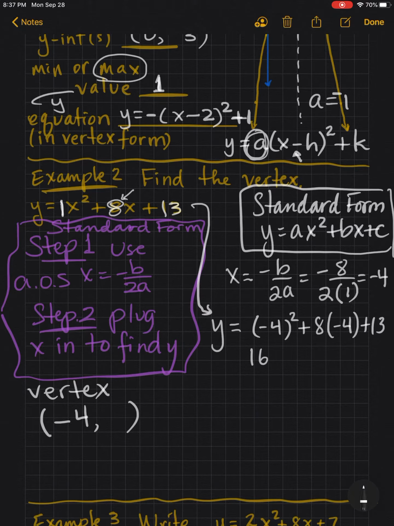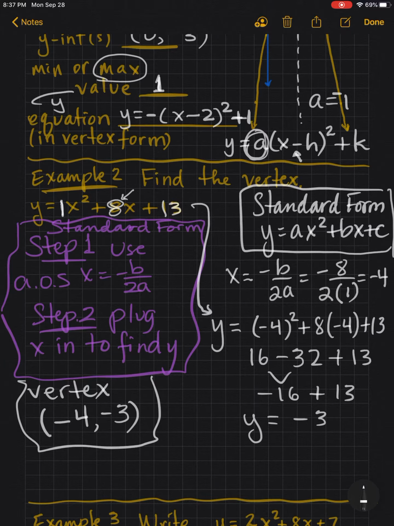Notice how I brought the value in parentheses. And now I'm just following my order of operations. And I see that y equals negative 3. And that's my vertex. So final answer.